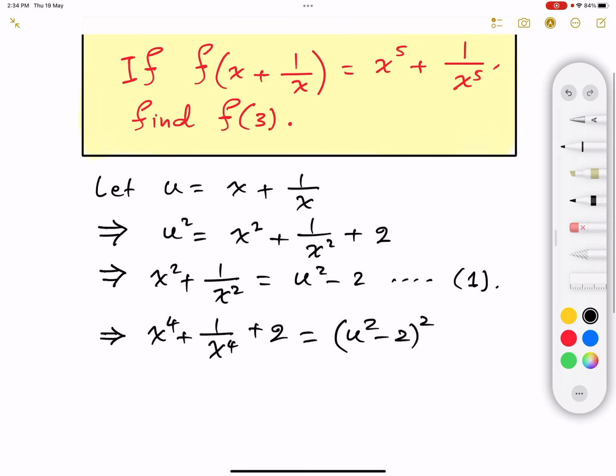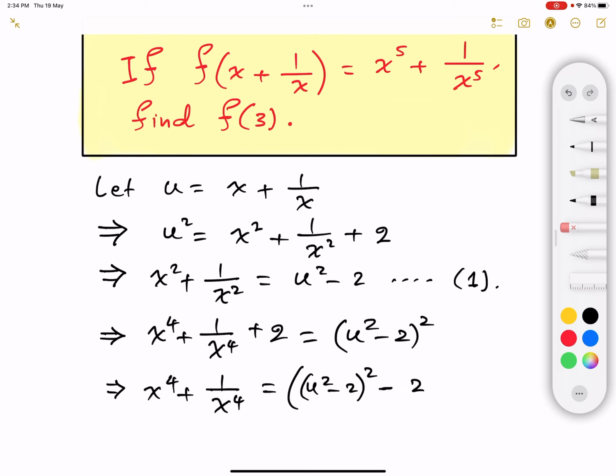Okay, and from that we can get a value for x to the power 4 plus 1 over x to the power 4, which is nothing but u squared minus 2 all squared minus 2. So I will call this equation number 2.